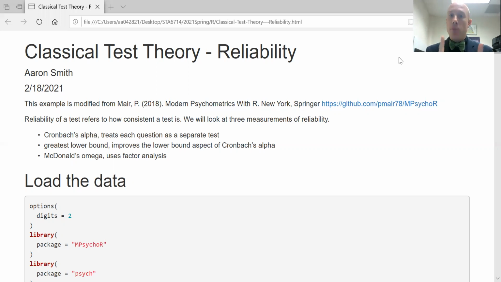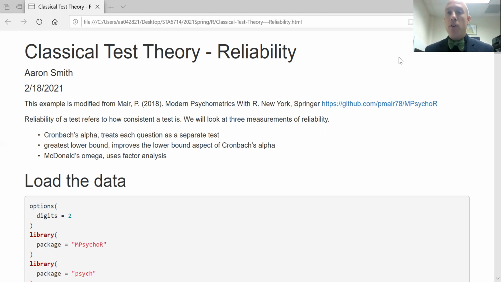If you look at the derivation, Cronbach's alpha is actually a lower bound to a reliability measurement of the population. If it's a lower bound, that means it's not exactly what I'm looking for, because it's not an equality. Greatest lower bound is an improvement upon the lower bound aspect of Cronbach's alpha. And then we have McDonald's omega, which uses factor analysis.